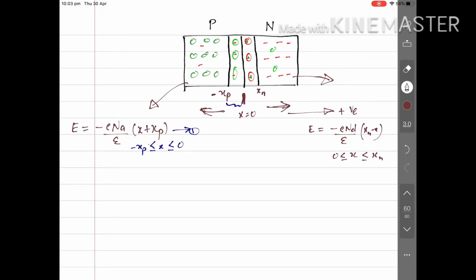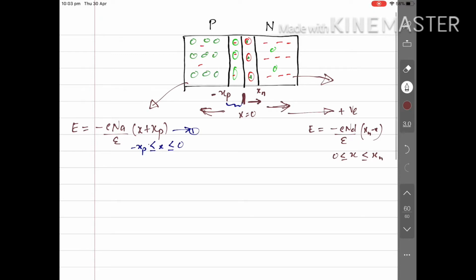Here we are considering the depletion region going from 0 to xn in this direction, so x is greater than 0 but less than or equal to xn. So this is the region.